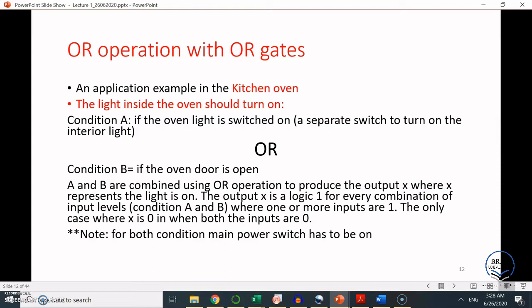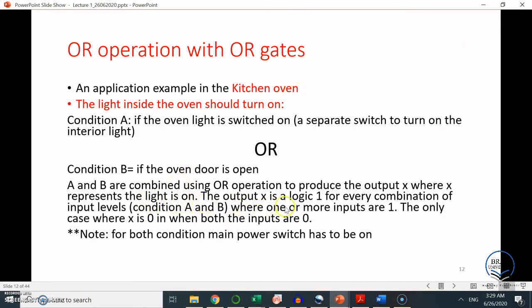If either of these conditions is true, then the light inside the oven should turn on. A and B are combined using the OR operation to produce the output X. Here X represents that the light is on.